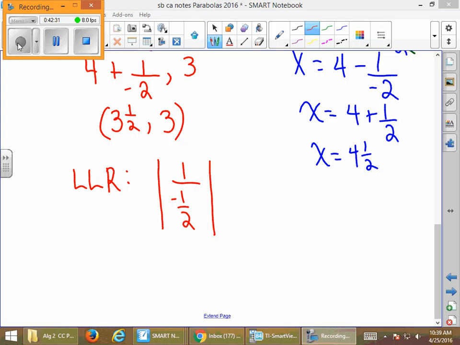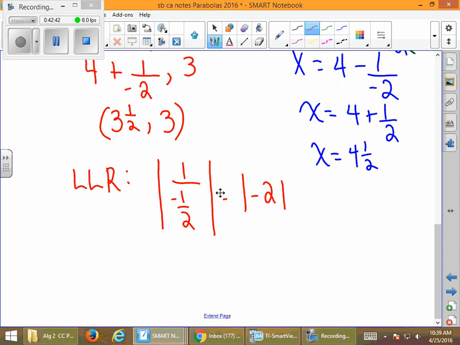Again, you can type 1 divided by negative 1/2 in your calculator if you have to, but how many times does a half go into a whole? It goes in there twice. And positive divided by negative is negative, so our LLR is 2.